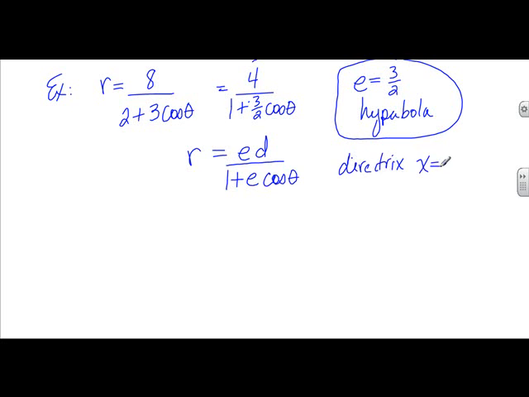So we find d. 4 is equal to e, which is 3 halves, times d. Solving that for d, you get 8/3. So one of our directrix equations is x is equal to 8/3.